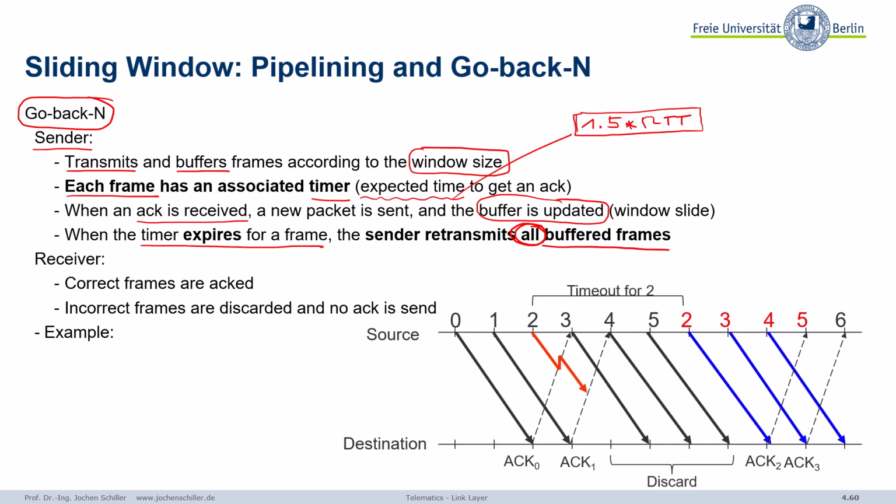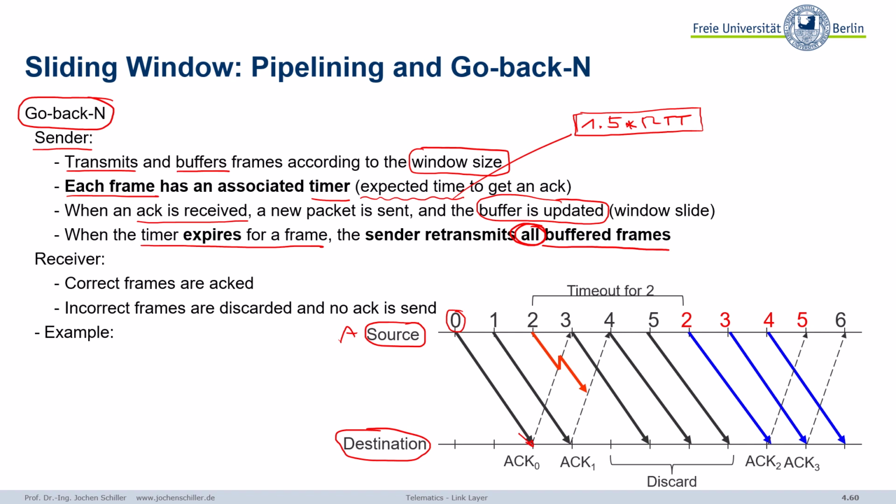So how does it look? Now look at this example, which is rotated by 90 degrees. We have our source, that was our node A in the examples before, and we have the destination. Now we send our first frame. You see, it arrives here.